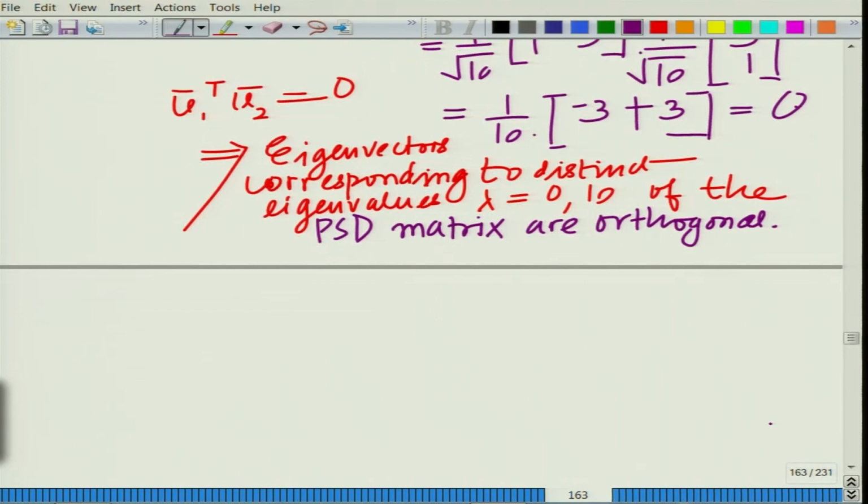That is, u1 bar equal to 1 over square root of 10 times 1 comma 3, and u2 bar equal to 1 over square root of 10 times minus 3 comma 1, these are orthogonal.